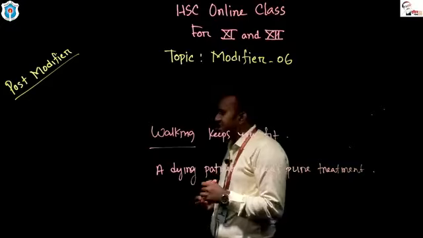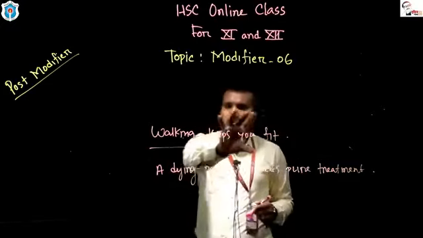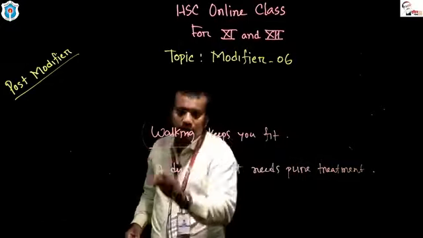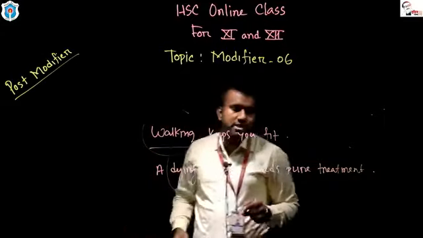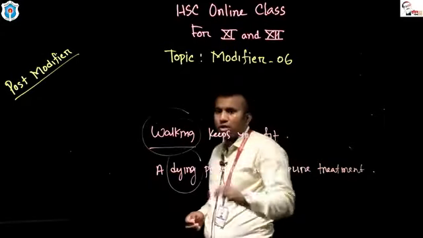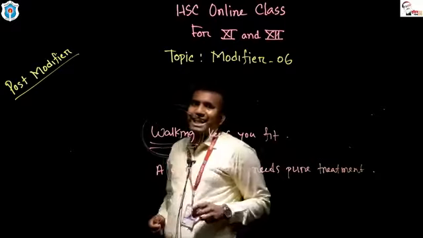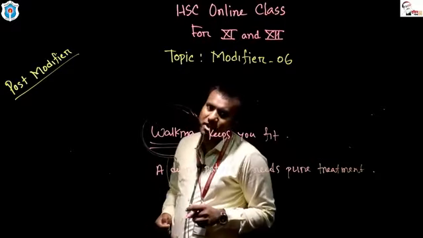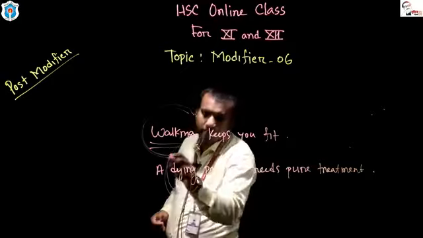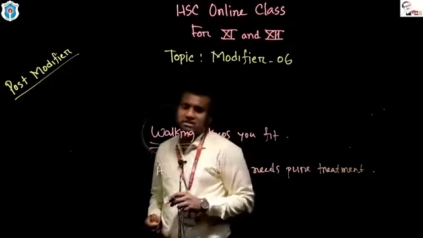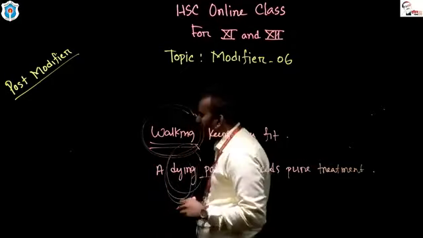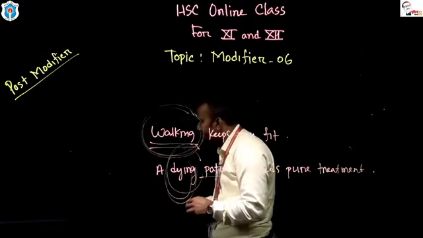I've given you two sentences. Look at this. Walking keeps us fit. A dying patient needs pure treatment. Here, walking is a noun because it has been used as the subject of the sentence. And here, dying modifies patient. That's why dying is a present participle. Clear to you?